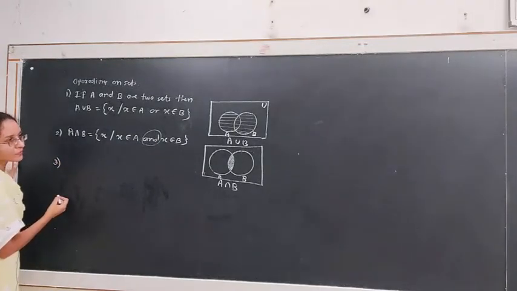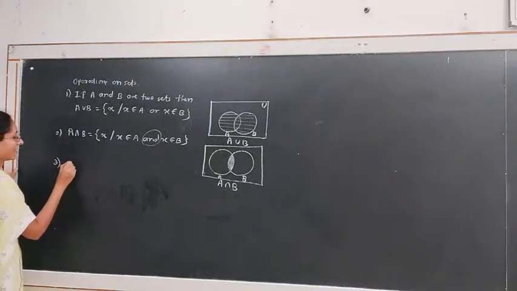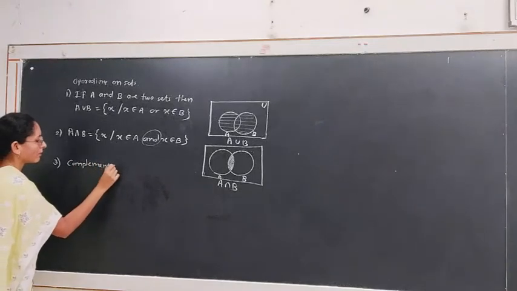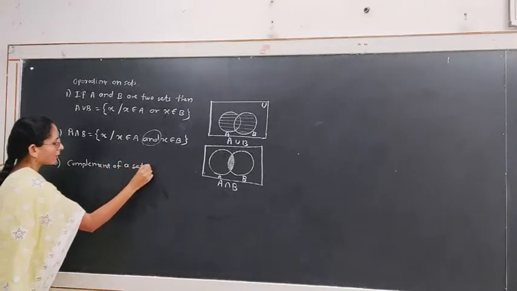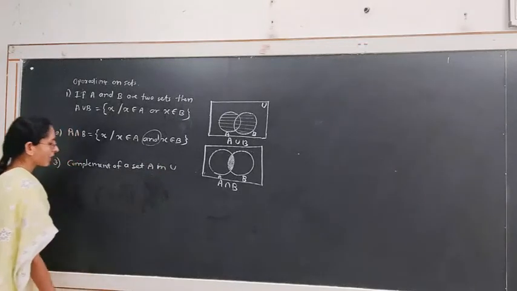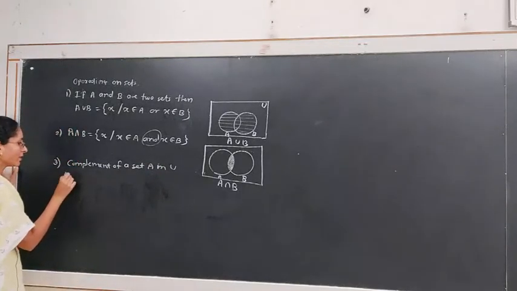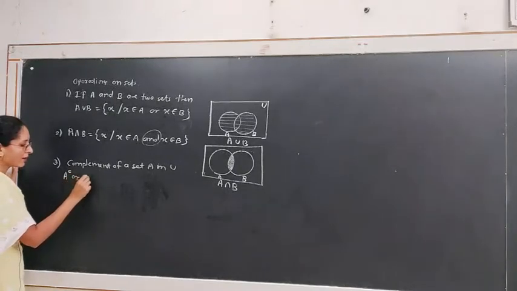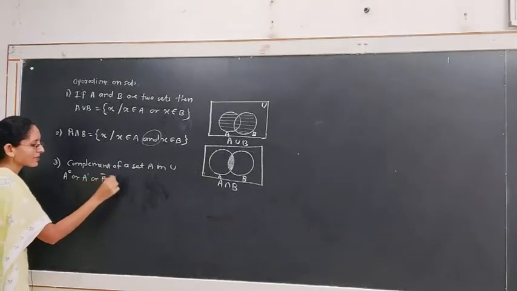Next is the complement of a set. A in U. This is what? A complement. It is denoted by A complement or A dash or sometimes A bar.